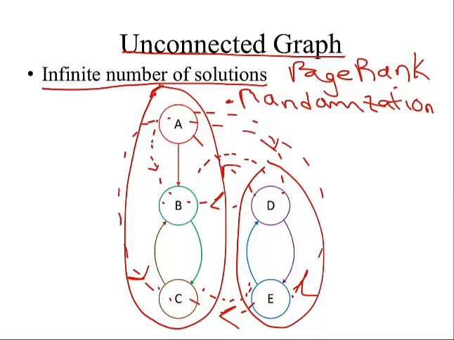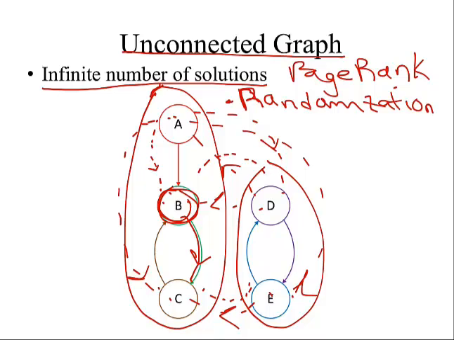What that random component does for us is basically it says that when I'm on a given web page, I might follow the web graph. So if I'm on B, I might go down to C. But then there's another probability, a small probability, that I might go to either A, D, E, or even C again itself. And that's the randomization component.